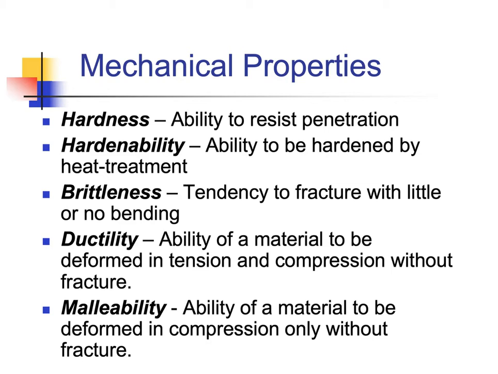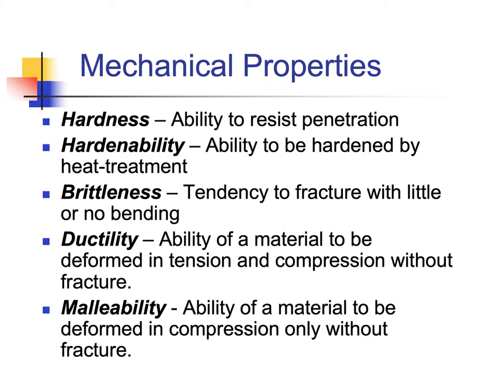Brittleness is a tendency to fracture with little or no bending. Typically, brittleness is the lack of the following terms. So we don't really have a brittleness test, but we have a ductility test or toughness test. So ductility is the ability of a material to be deformed in tension and compression without fracture.